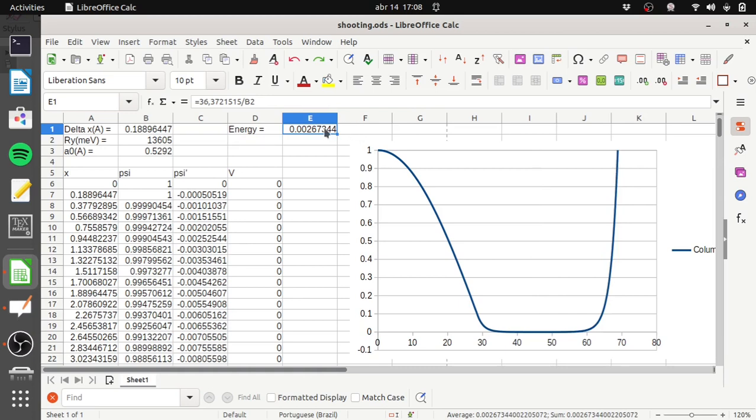Okay, that was the solution that I had before, right? Now, I said that I could also do the same for the excited state, right? So what I have to do now is to try to obtain higher numbers here that also make the wave function converge to zero here in the same way I did here.